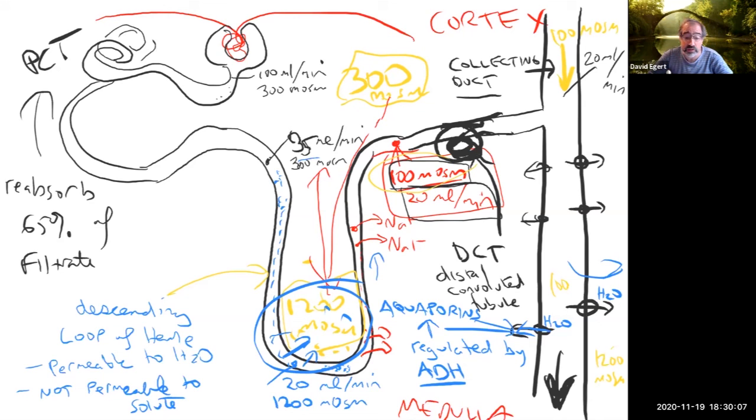ADH is a hormone that comes from the pituitary gland, and we'll talk about it in more detail. If you have lots of ADH, you open up more of the aquaporins, you pull more of the water back into the body. That means you don't pee as much, right? Instead of having the water leave, the water is getting pulled back into your body.